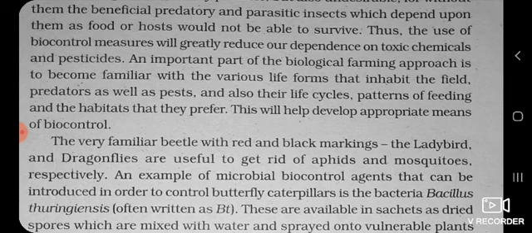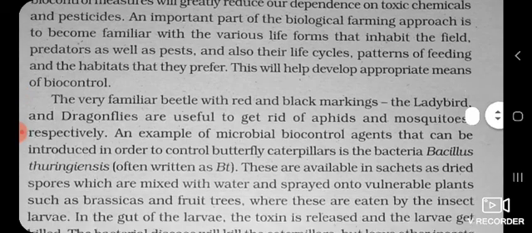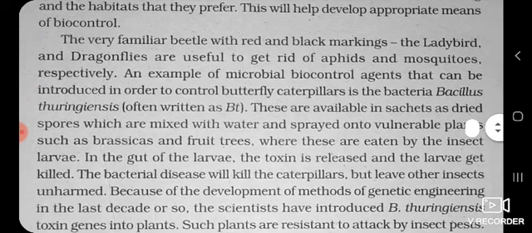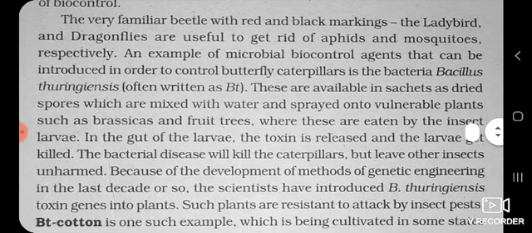All this information you need for controlling them. This will help develop appropriate means of biocontrol, and that's why we can easily control these pests from our field.